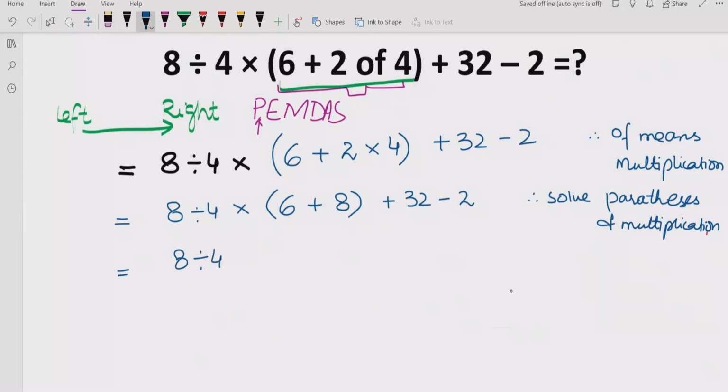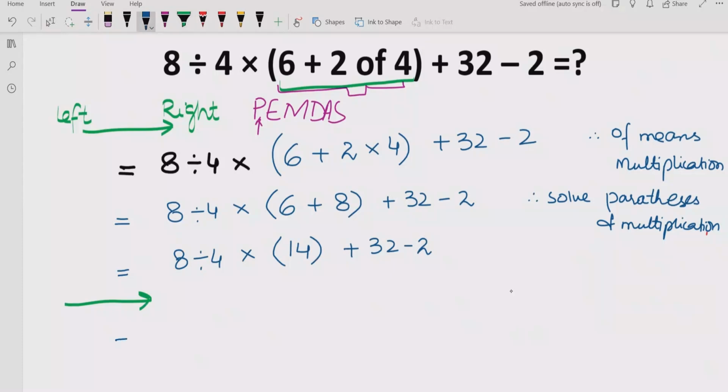Now 8 divided by 4, and this one will become 14, minus 2. Now we will go again left to right and see which thing we will solve now.